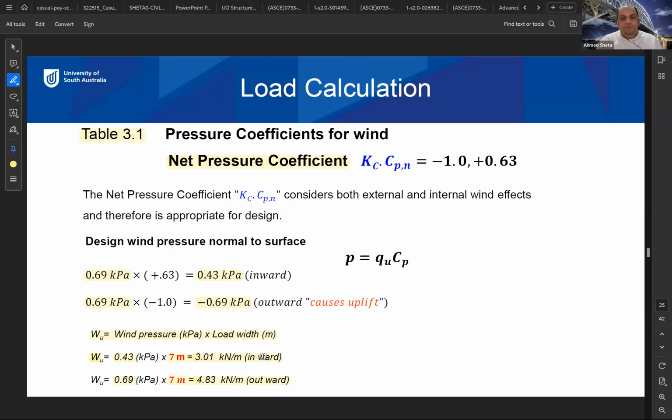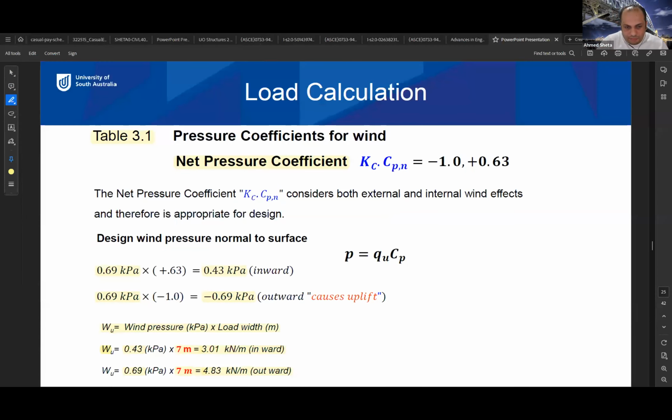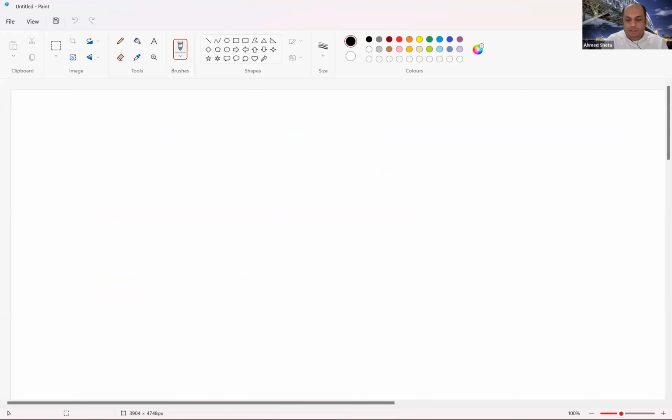Okay. Do you want me to explain this? You can still see my screen? Yeah, I can still see your screen. Okay, so I will share something different. Can you see the whiteboard now?